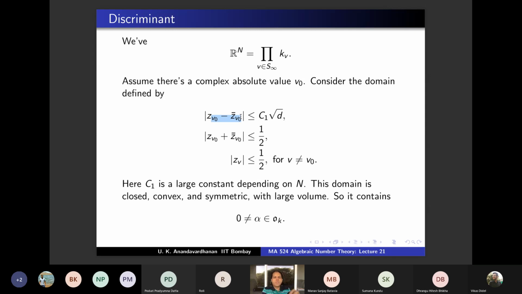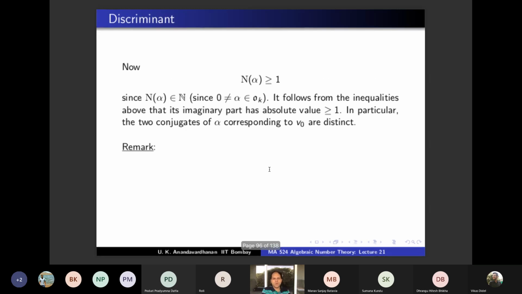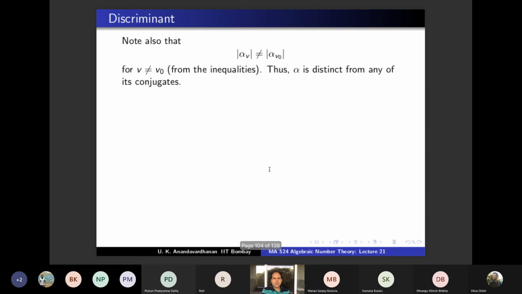And we can also conclude that mod alpha V is different from mod alpha V naught. Why? Because mod alpha V naught is bigger than 1 and mod alpha V is less than or equal to half. Therefore, mod alpha V is not mod alpha V naught for all V not equal to V naught. So that's the second observation. Alpha is distinct from, and this is from the inequalities, because alpha belongs to that region.